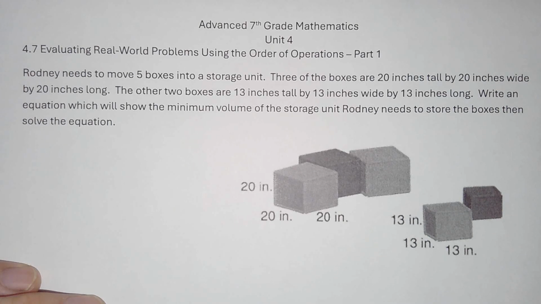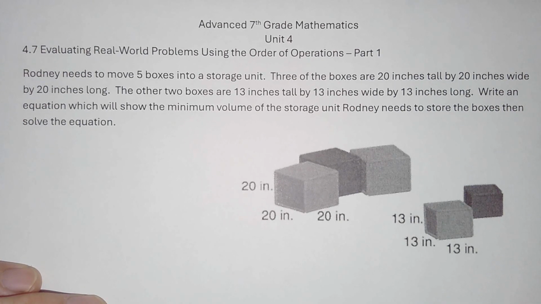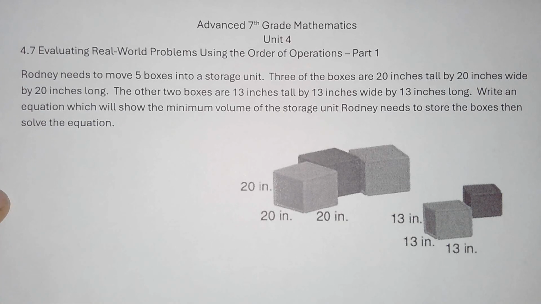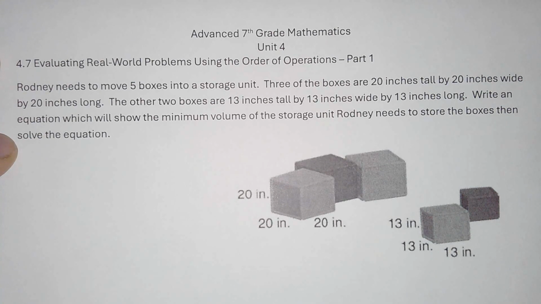He doesn't have room for them in his house, but he wants to keep them, and he wants to not pay a lot of money, and he wants to get a small storage unit. So he needs to know before he goes the minimum amount of storage unit he needs to buy. So he needs to have a general idea of the size that he needs to buy.